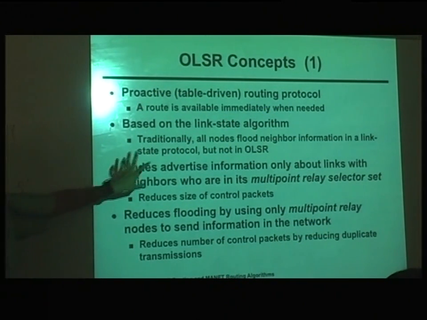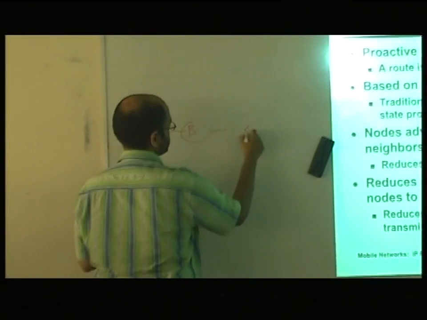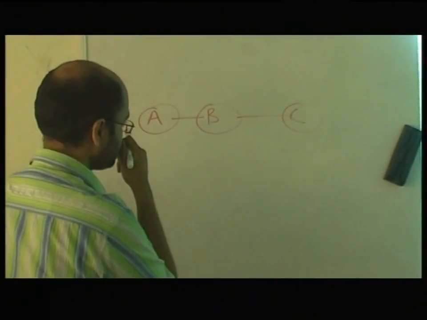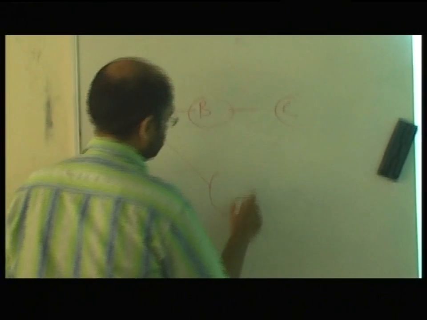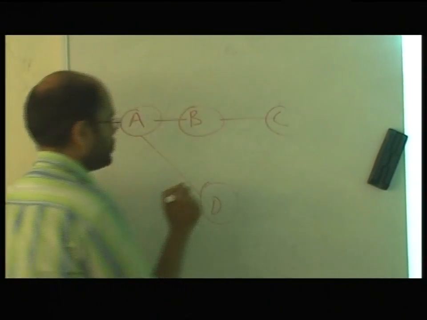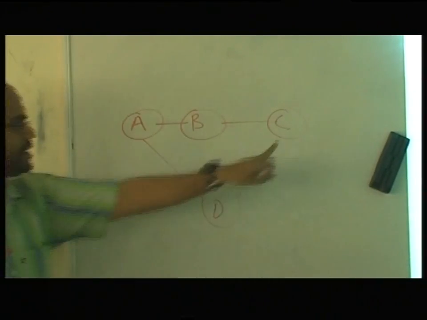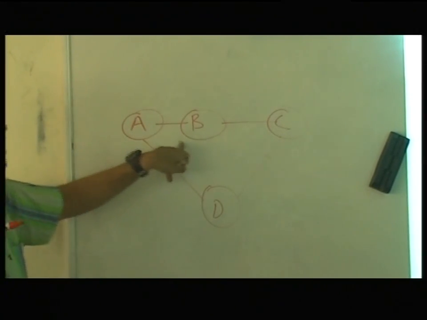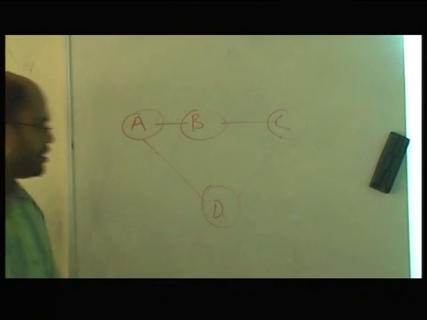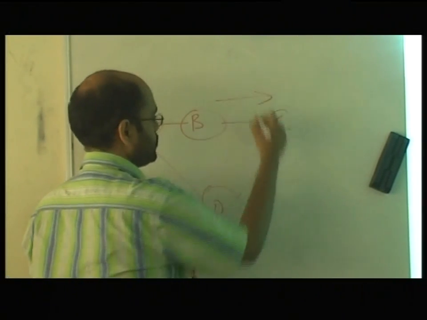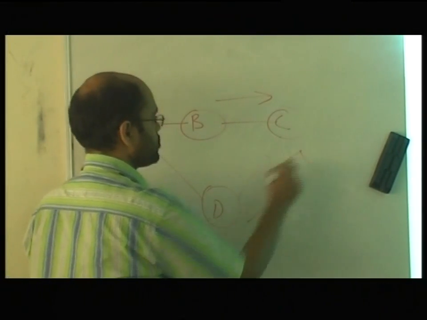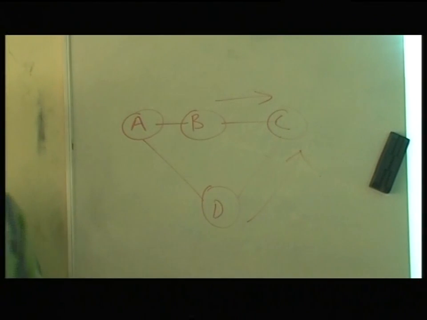Let me give an example of what's happening, so that the question is clear. This is A. Let's say C is getting information that A is connected to B and B is connected to C from this path, and it is also getting the same information from this path, because everybody is flooding.